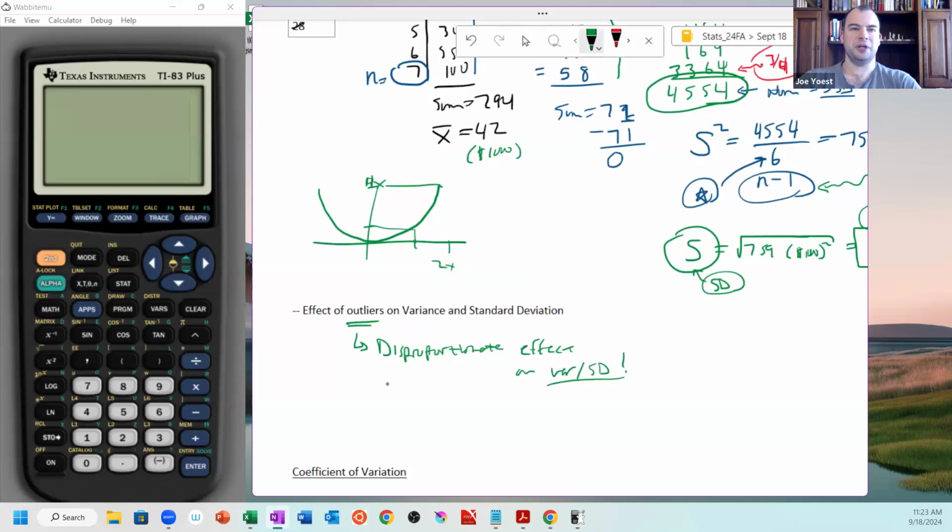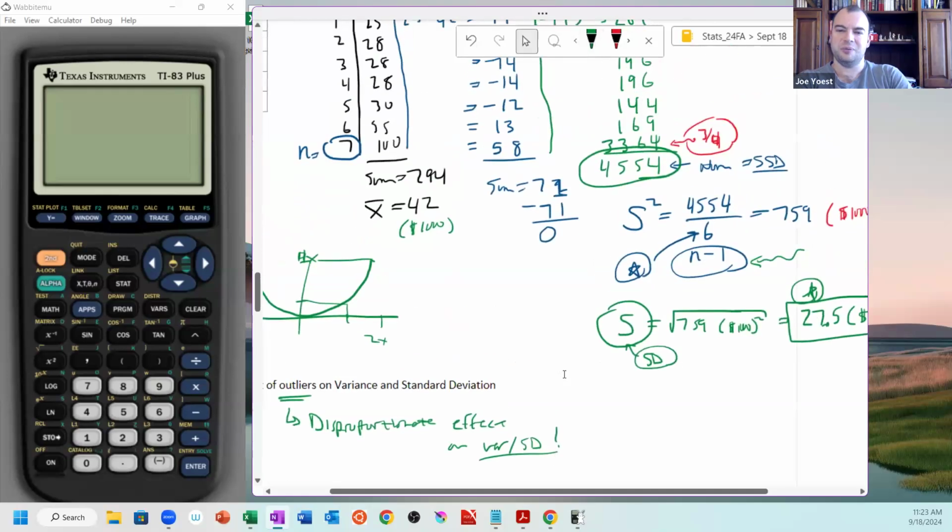This is actually going to be a pretty important idea throughout the course, really. So outliers have a disproportionately large effect on variance and standard deviation. It's not like if you have an outlier that's twice as far away from the typical data value as another value, that its effect on variance is going to be twice as large. It's maybe going to be closer to 4 times as large for variance.